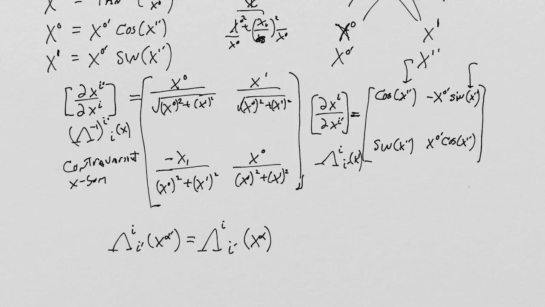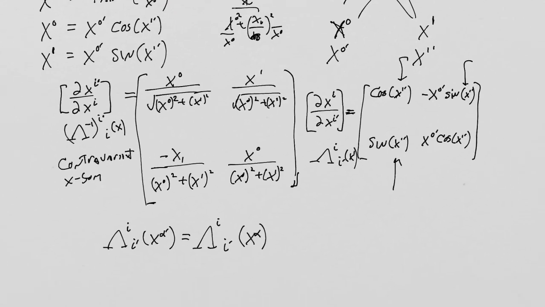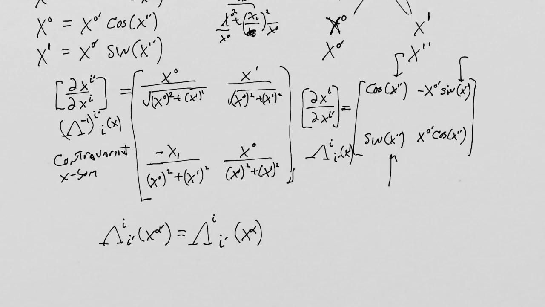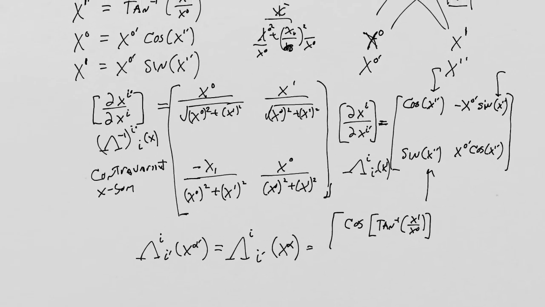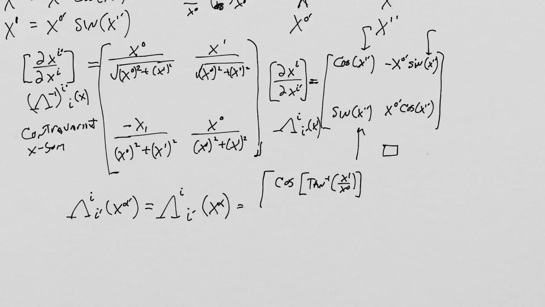But this is easy because now all I have to do is substitute in these guys, right? I know x1 in terms of these two. So I end up with the cosine of the inverse tangent of x1, x0, and I end up with x0 prime. Oh, it's that thing. I'm going to write box for x0 squared plus x1 squared.